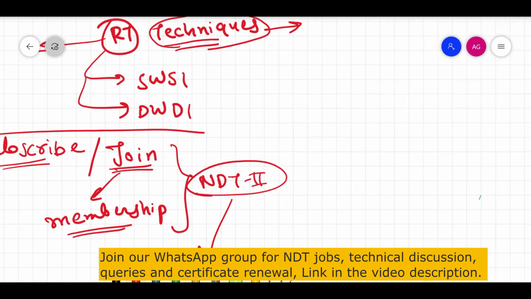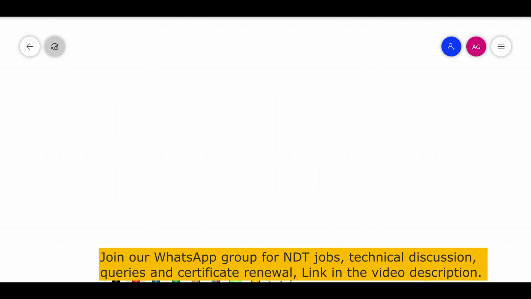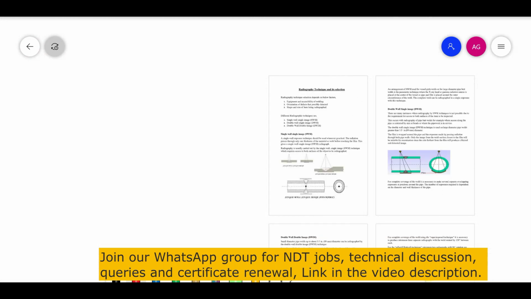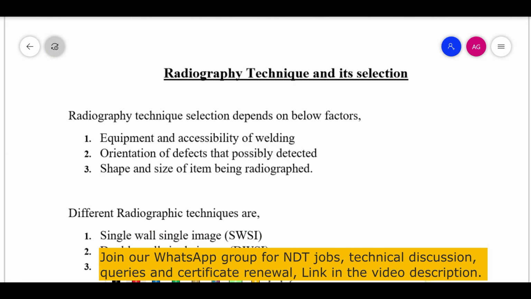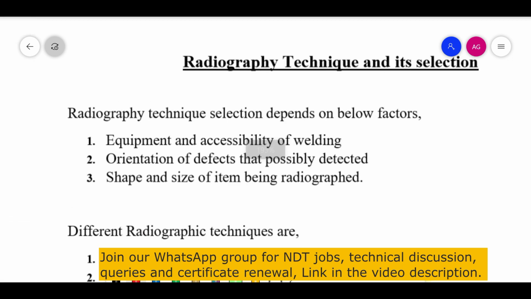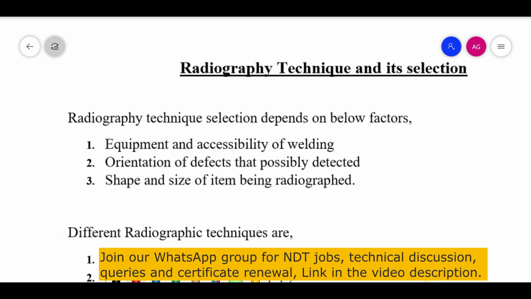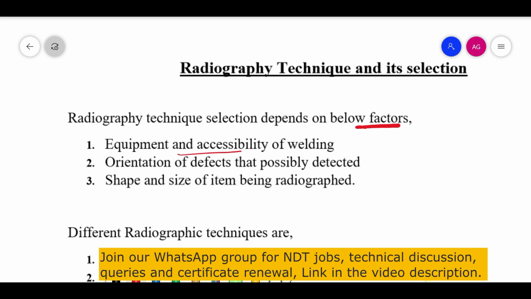So let us discuss these radiography testing techniques. First of all, which factors affect or influence the radiography technique? Technique selection depends on the factors below. First, the equipment and accessibility of the welding.